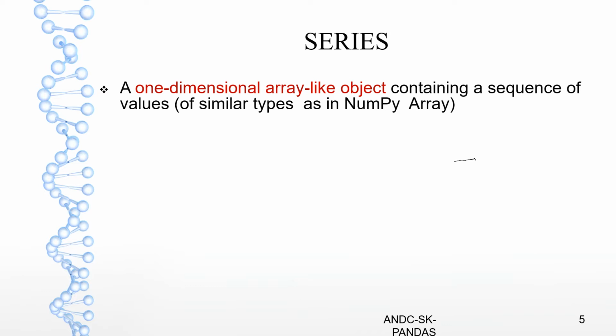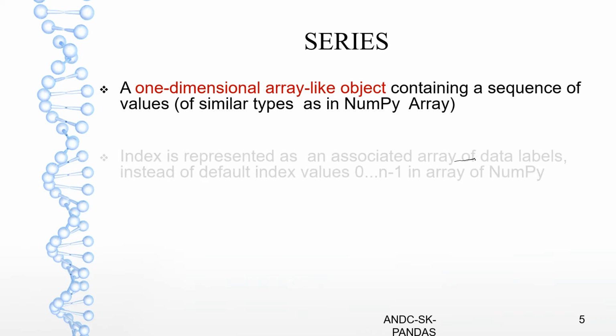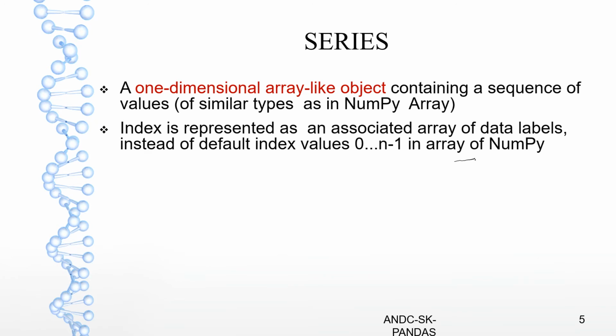Conceptually, it is just like your NumPy array, but now series elements can be of heterogeneous type, and instead of having the default index value from 0 to n minus 1, labeled indexes could be assigned to the values of the series.